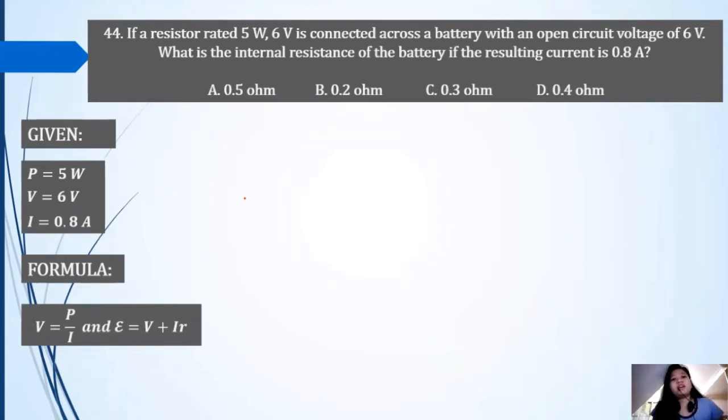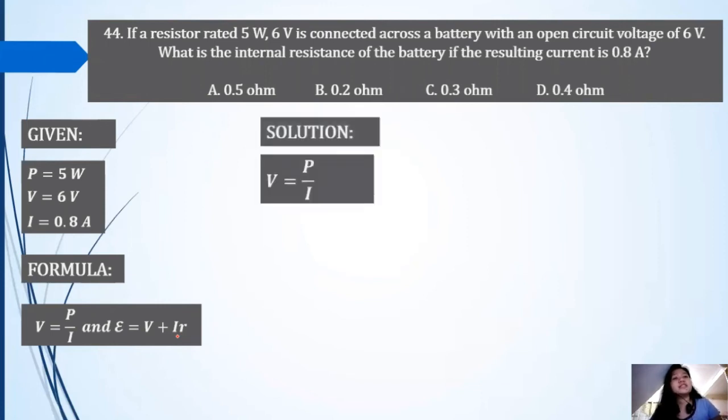And this formula is from the electromotive force, which is equal to the voltage plus the current times the internal resistance. Since we will be solving for the internal resistance, we will be transforming this formula to get the formula for the internal resistance.